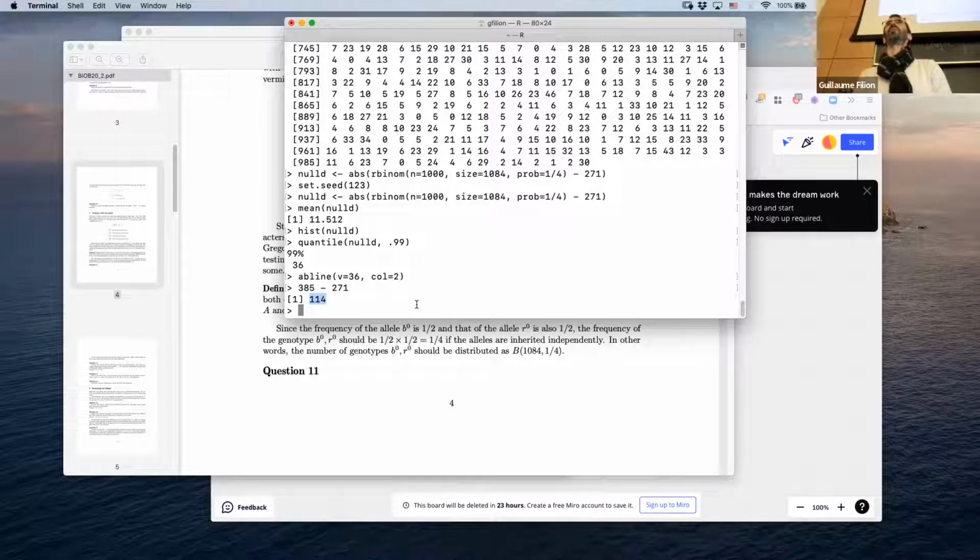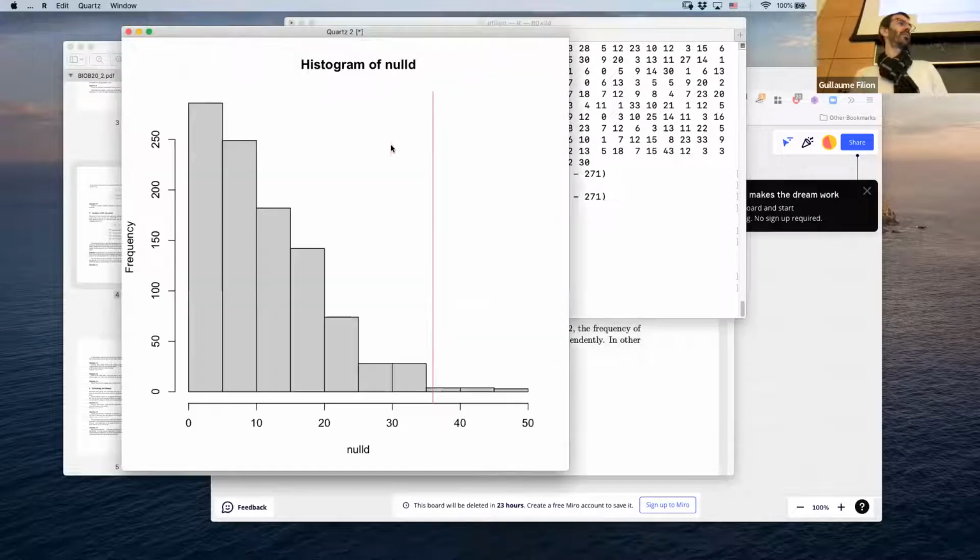That's above the threshold. It's way, way above the threshold, not even close. When we go back to this graph here, it would be super, super far, not even on the graph, way to the right.